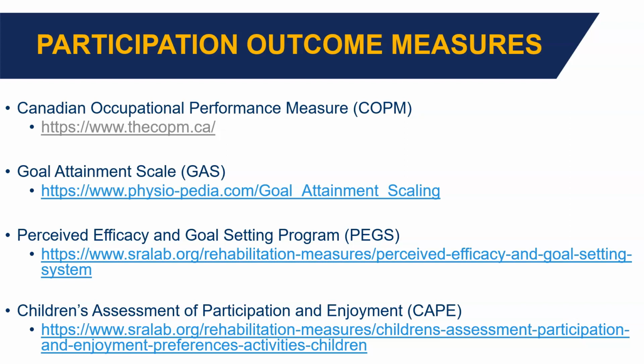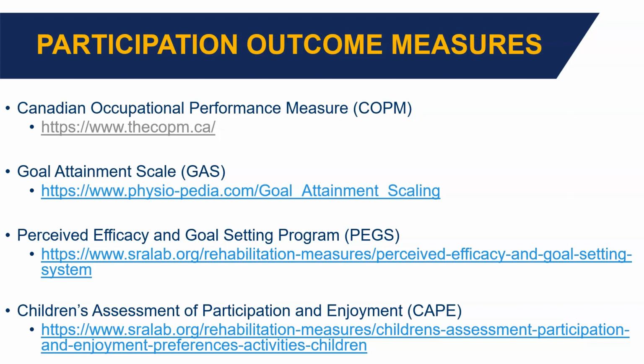The APTA Guide for PT Practice suggests it's important to use outcome measures across all domains of the ICF, including outcomes that reflect the individual's goals. It's important for children to evaluate their capacity to perform tasks related to participation. So the first one is the Canadian Occupational Performance Measure.